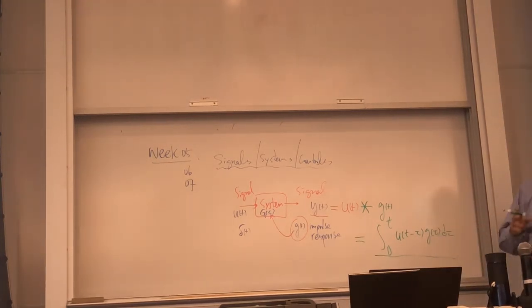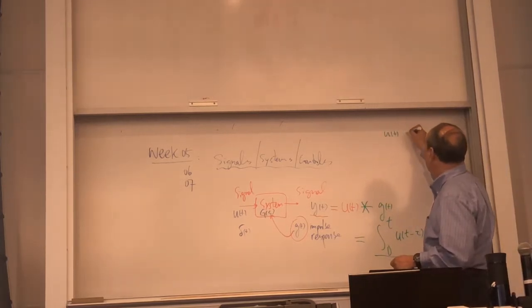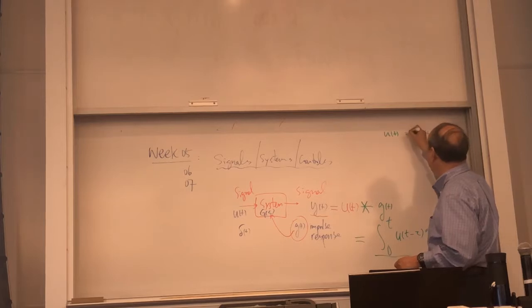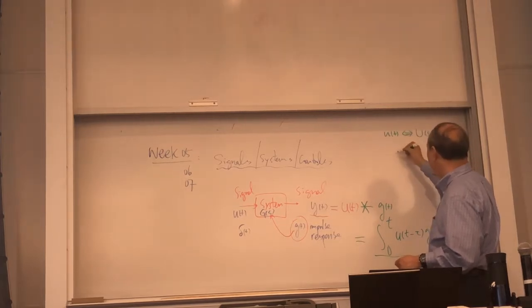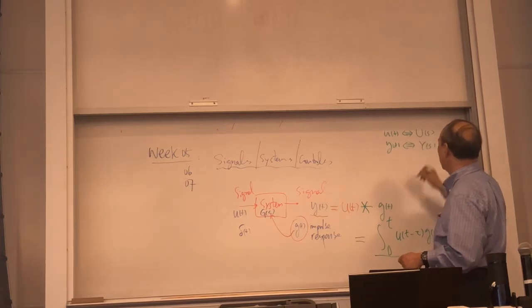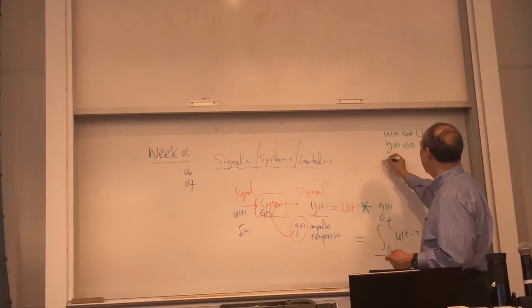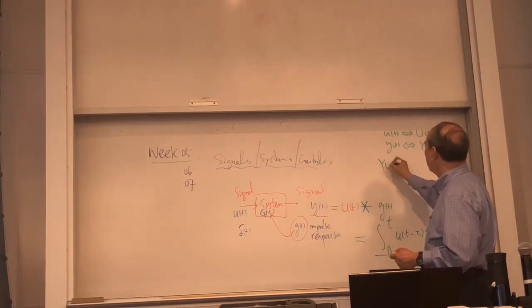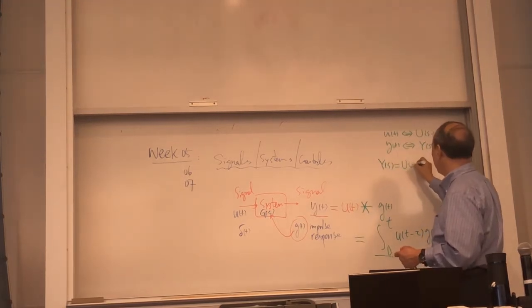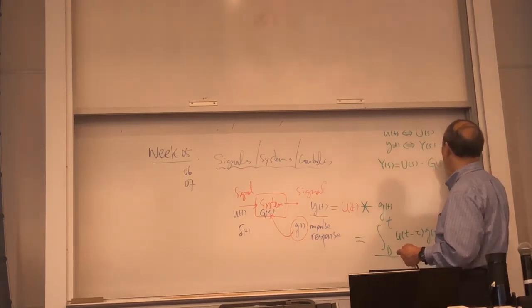According to Laplace transform, there's u(t) and U(s) as a Laplace transform pair, y(t) and Y(s) as a Laplace transform pair. So I know that my output Y of s equals input U of s simply times the G of s.